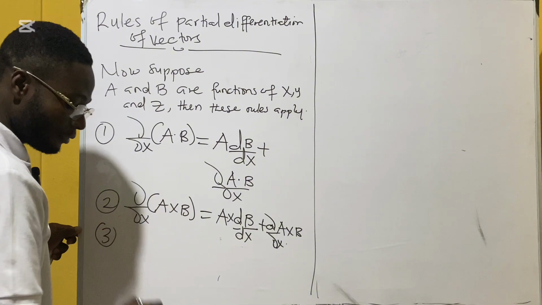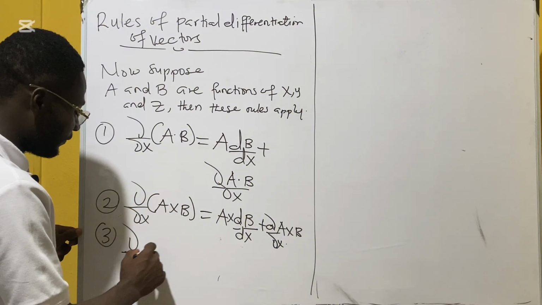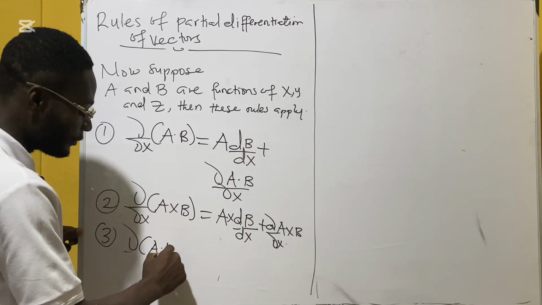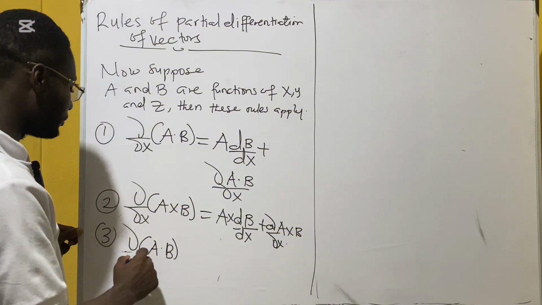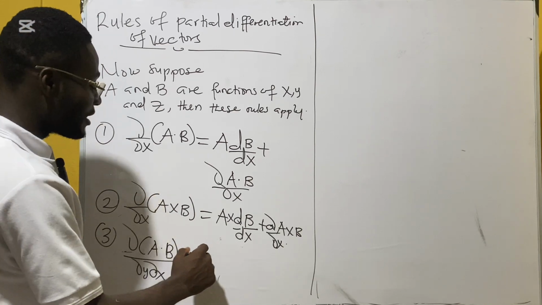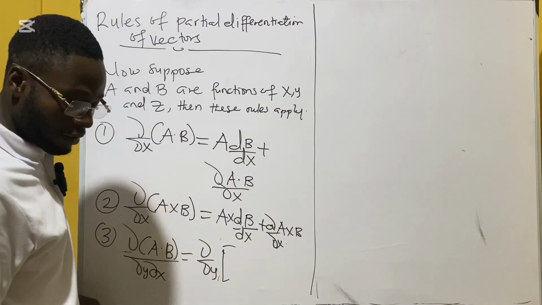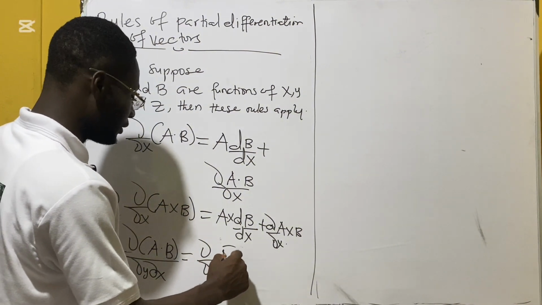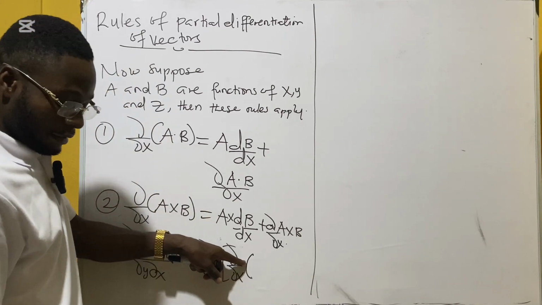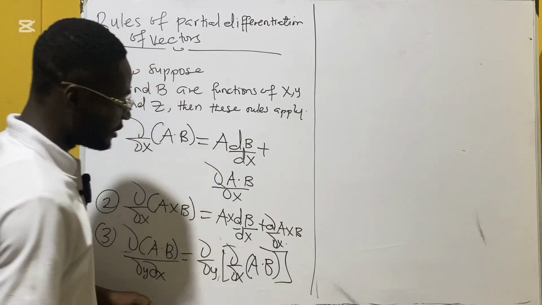3. If you have the partial differential of A dot B with respect to dy dx, then you can say that that is equal to d/dy of d/dx of A dot B. Okay, so this is how it goes.